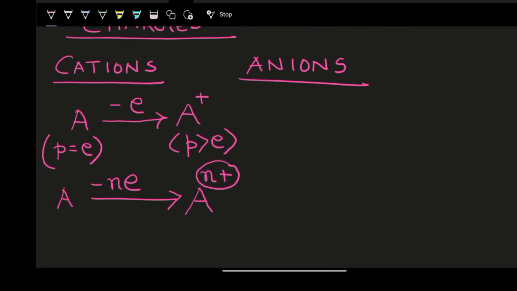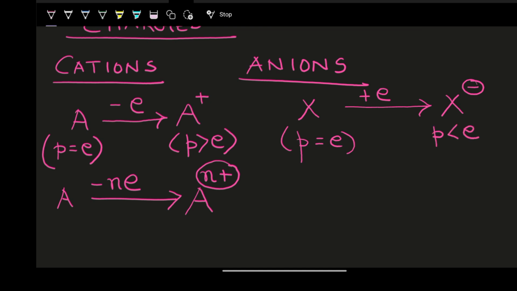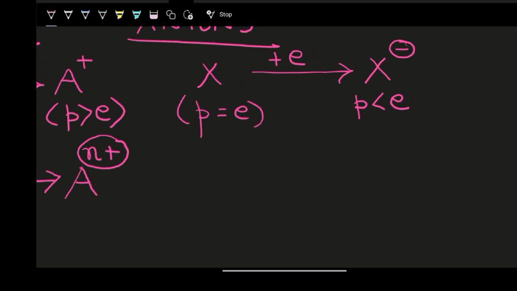What are anions? Anions are formed by the gain of electrons. Suppose this is the neutral atom where the number of protons is equal to the number of electrons. Now it has gained one extra electron, so the number of protons is less than the number of electrons, by only one electron.